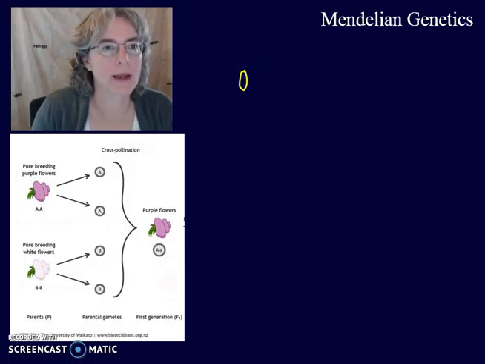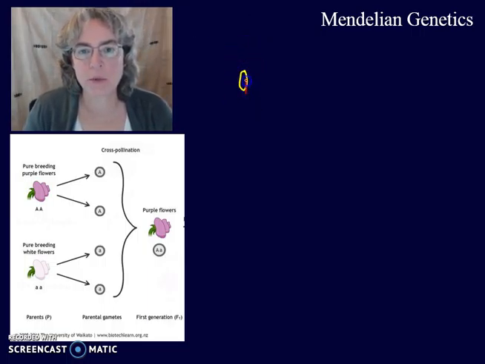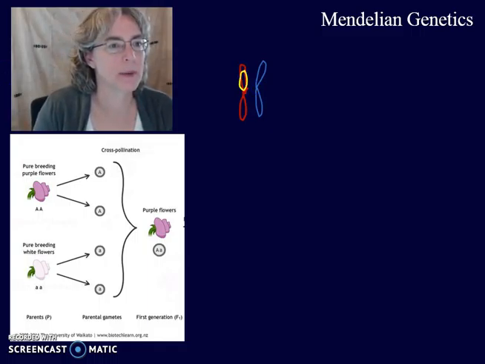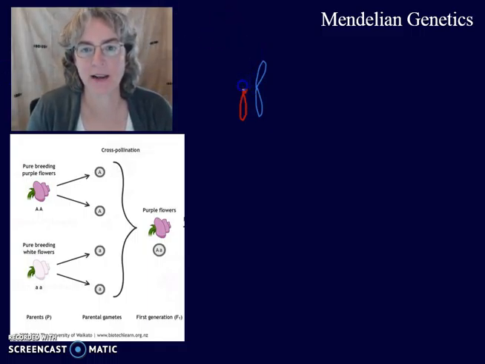Oops, let's go back to red. There is a chromosome from mom, and there's a chromosome from dad, and that's going to be way too confusing, isn't it? Let me make sure. Let me erase that so I can fix that. Okay.